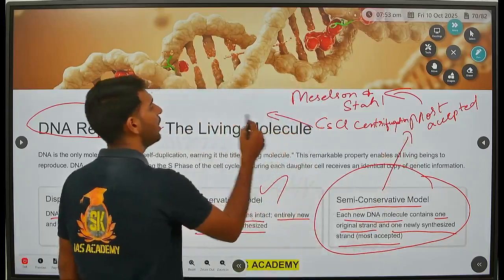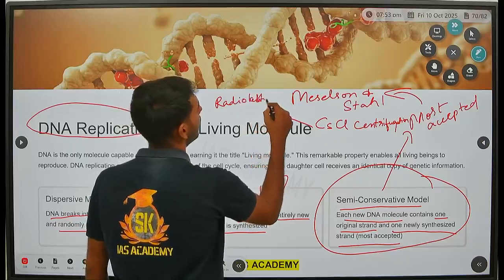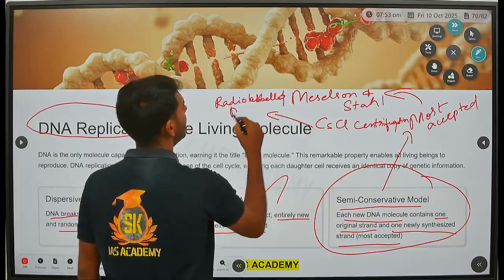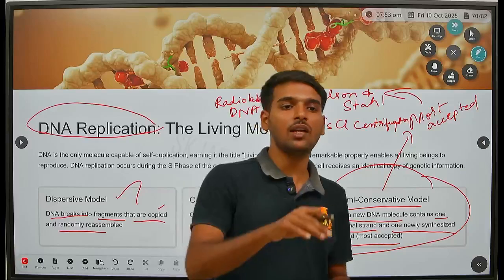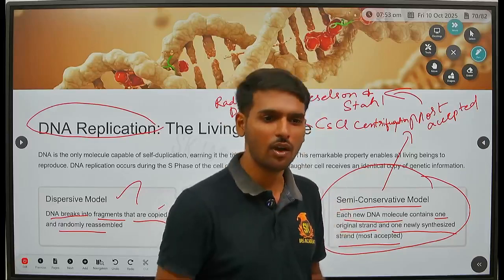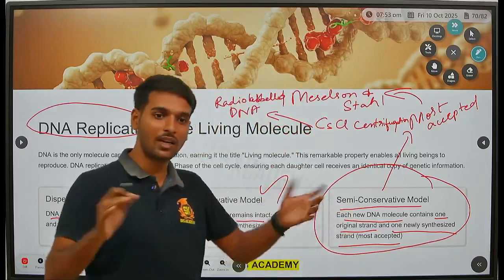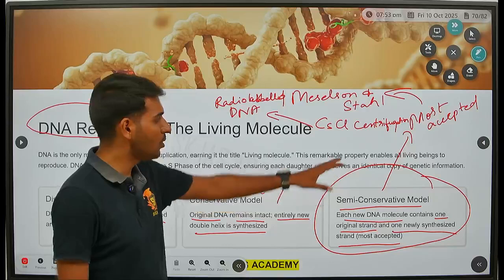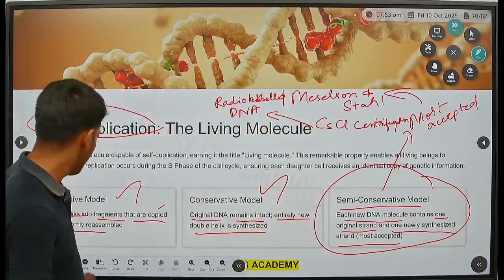They used radio labeled DNA. What is radio labeled DNA? A DNA which is labeled by a radioactive element. So this is the proof for the semi-conservative model.